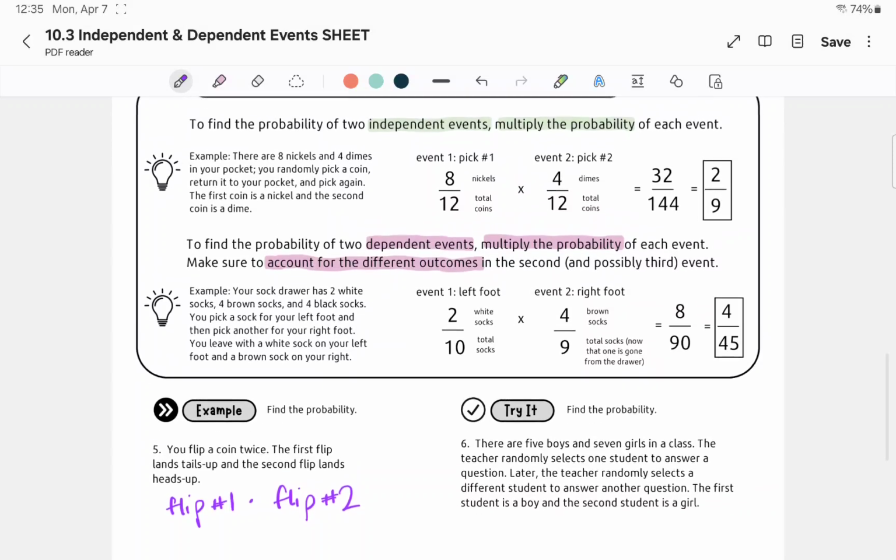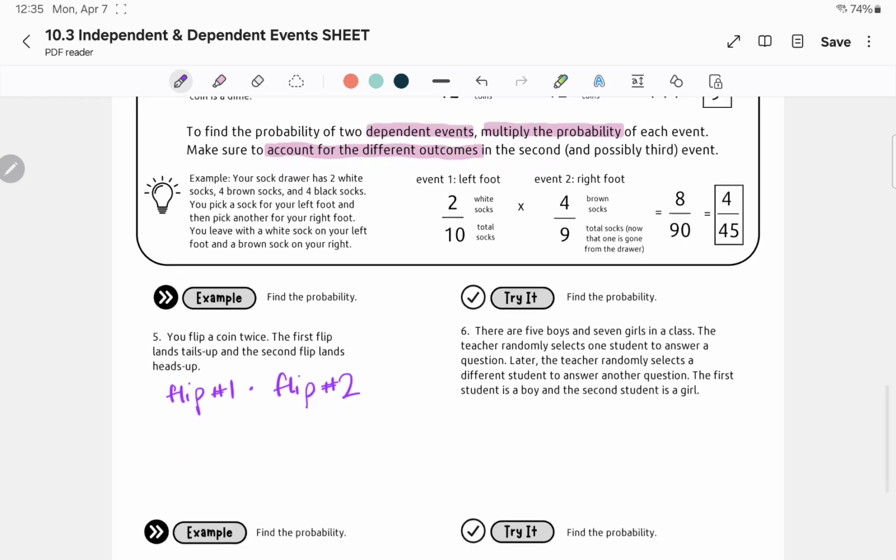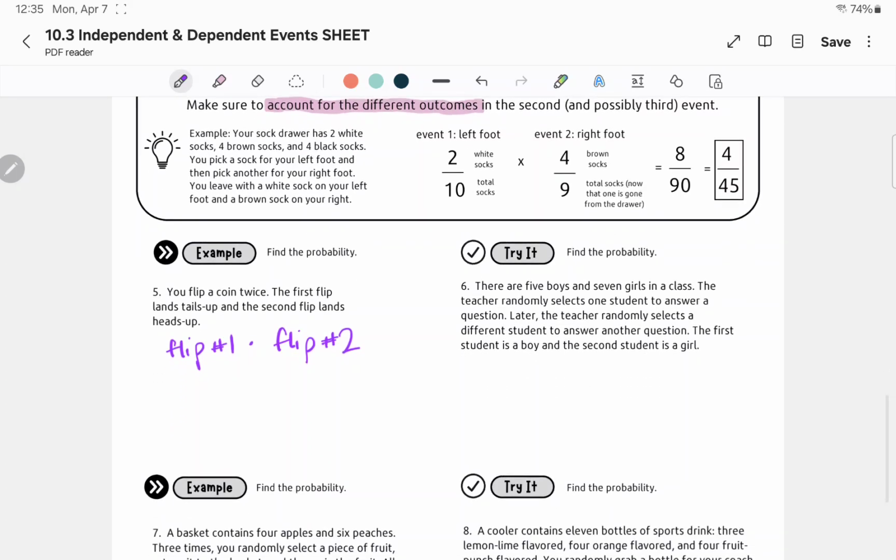This time, you need to have a fraction. Referencing this example box, the top is going to be what the question is referencing. Like the first coin is a nickel, so the top one is a nickel out of the total. The second coin is a dime, so the second event is going to be dimes out of the total, and so on and so forth. So when you flip a coin twice, the first flip lands tails up. That's what we're going to write: tails up, or just tails, over the total.